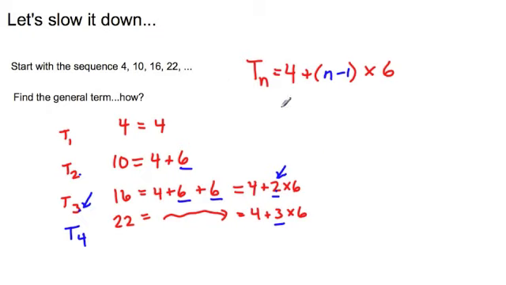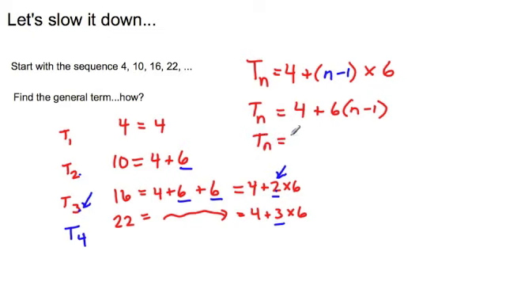So what I'm going to do now is I'm going to go ahead and simplify. I'm going to simplify this using your friend and mine, the distributive property. So let me rewrite this as 4 plus, instead of times 6, we're going to put the 6 on the outside of the parentheses because we know that means I'm multiplying everything inside the parentheses.